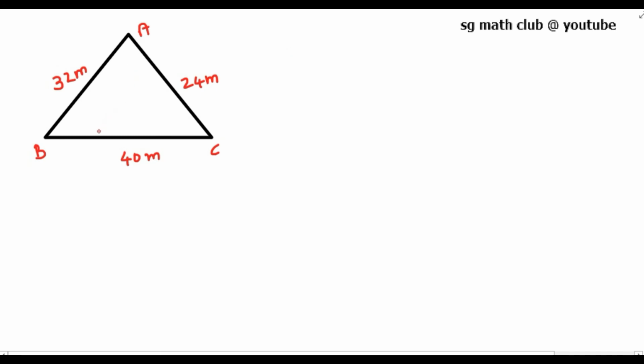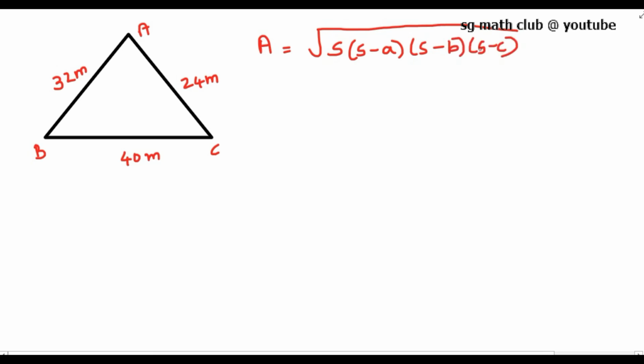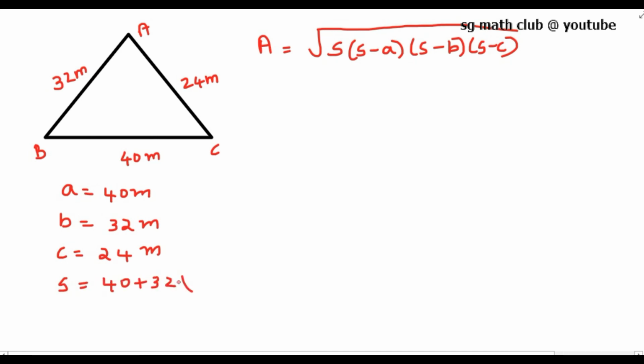Now let us use this Heron's formula to find out the area of the scalene triangle. First we will write the formula. Area of the triangle is equal to the square root of S into S minus A into S minus B into S minus C, where A is 40 meter, B is 32 meter and C is 24 meter. Now we will find out S. S is 40 plus 32 plus 24 divided by 2, which is equal to 48.